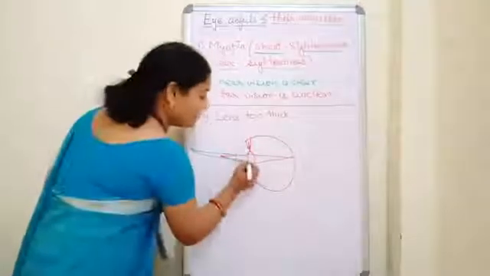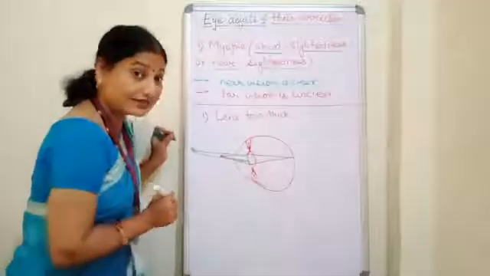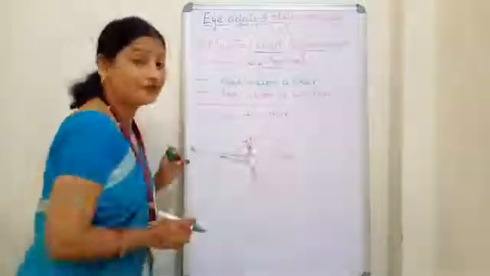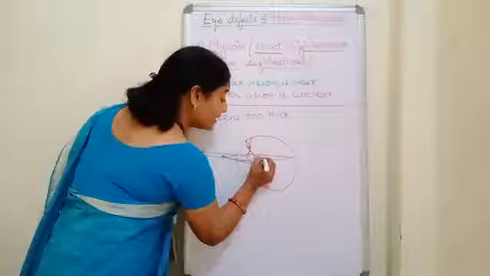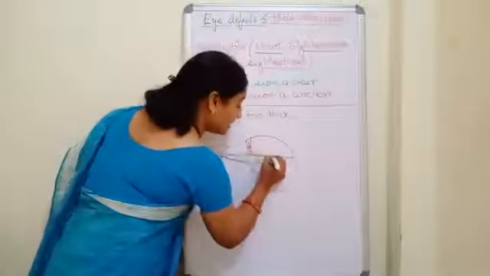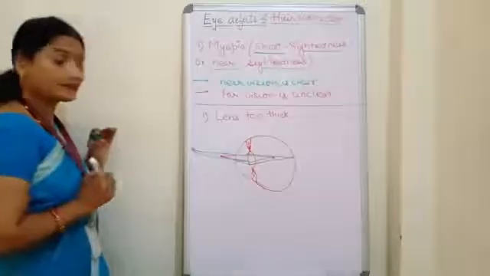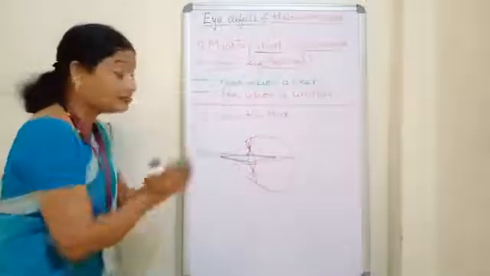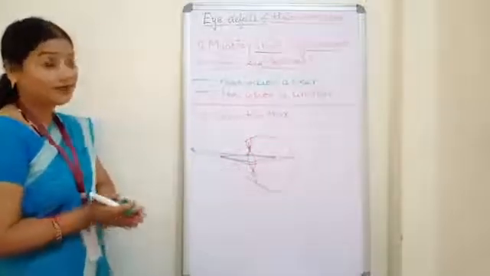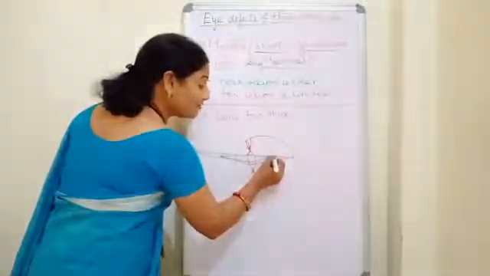Now, when they fall on the convex lens, because of the thickness of the convex lens, they will converge and form the image somewhere here. Because the lens is thick, the lens will converge them too much, and they will form somewhere here.